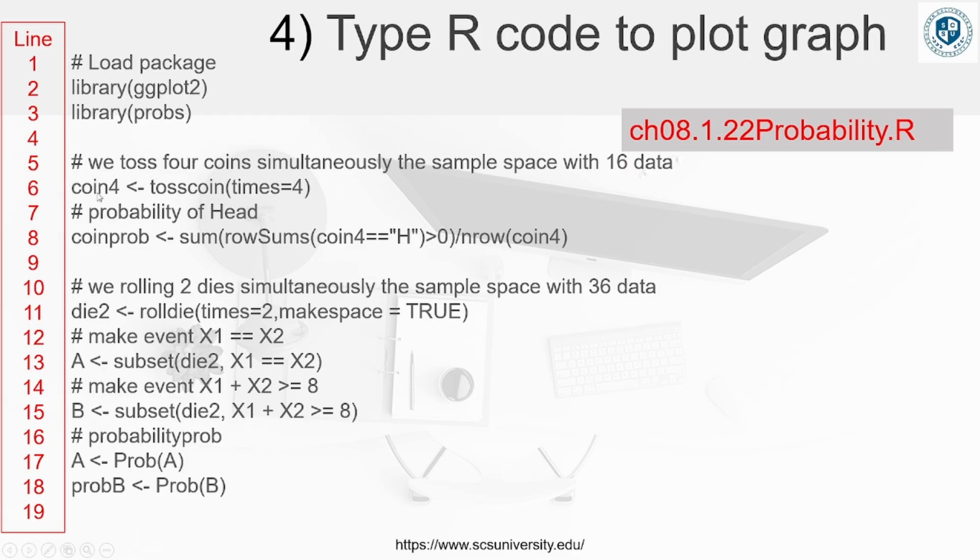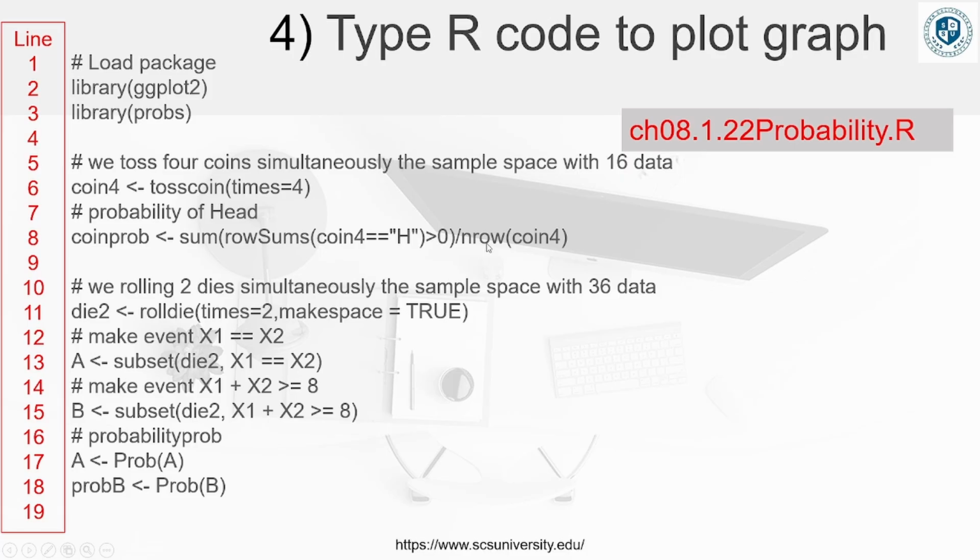Line number 6, coin4 <- tosscoin(times = 4). Line number 7 sharp, probability of head. It is a comment line. Line number 8, coinprob <- sum(rowSums(coin4 == "H") > 0) divided by nrow(coin4).